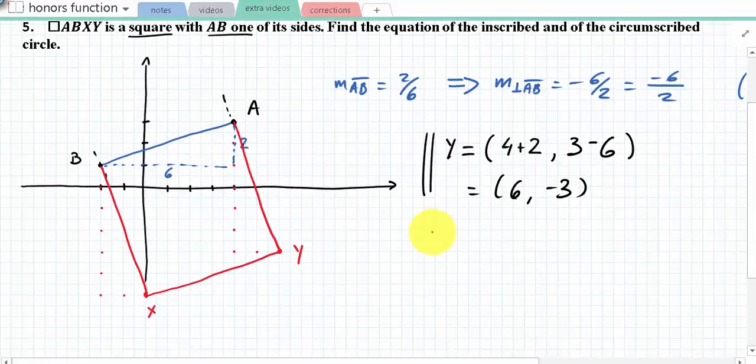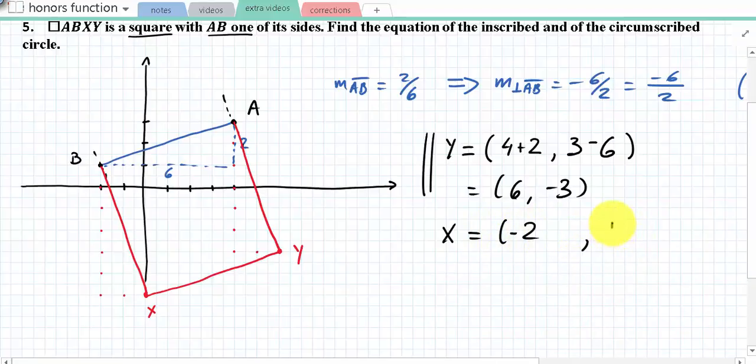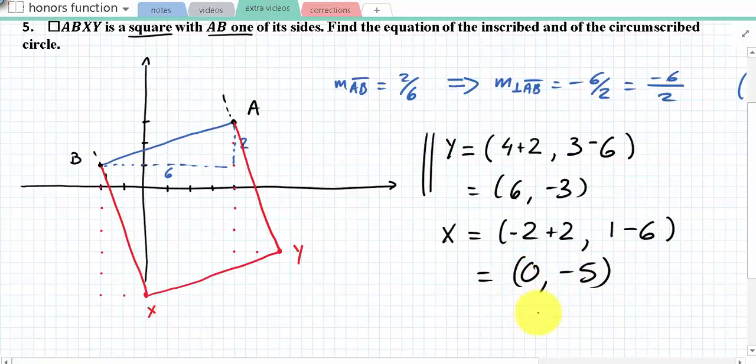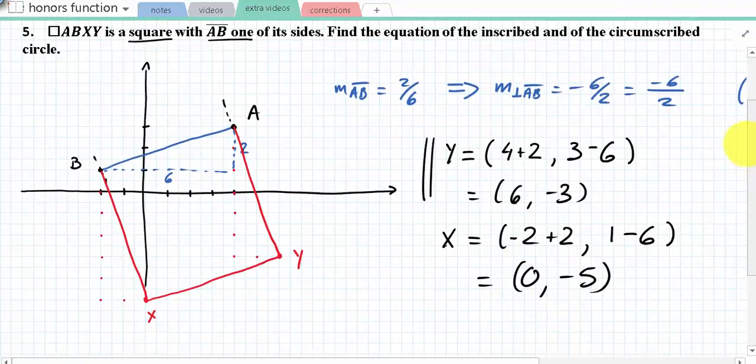All right, and for X, you're going to take B, which is negative 2 and 1, and you're going to run on the X and drop on the Y, and so it is 0, negative 5. Here we go.